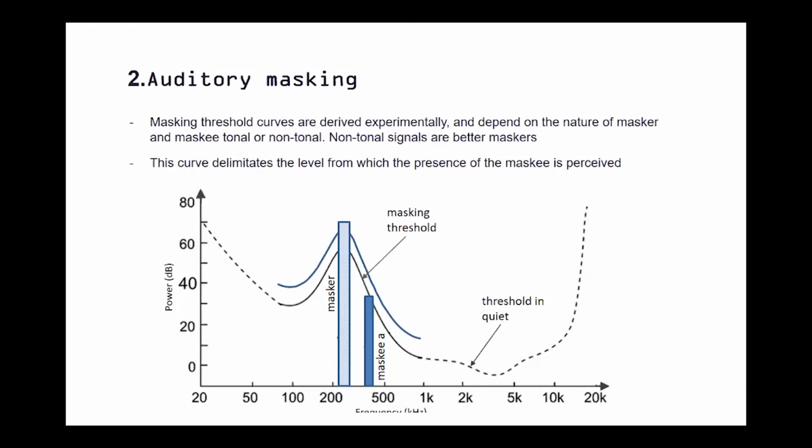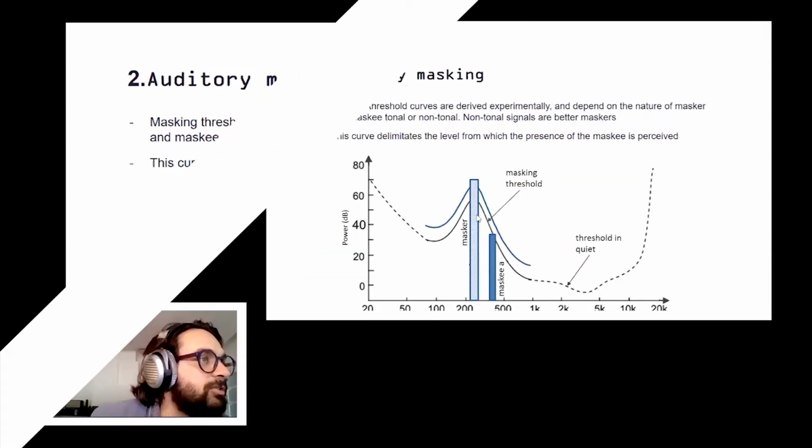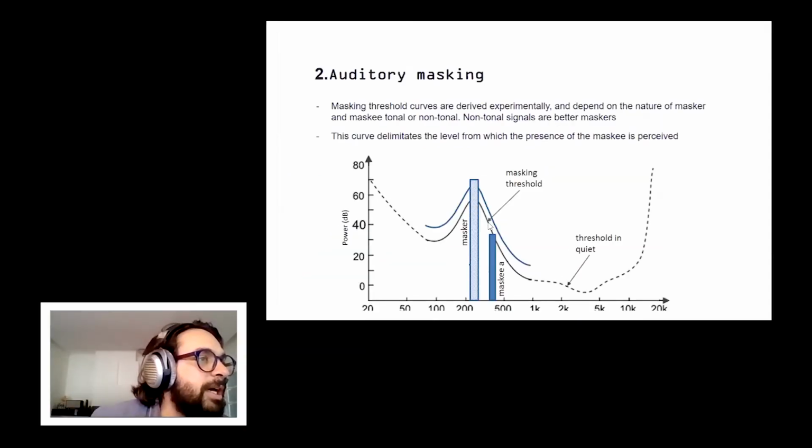And what do we have if we graph these sound events here, with frequency on the horizontal axis and power on the vertical axis? We have a masker sound, and we have a masking threshold that indicates that any sound that happens to be below the masking threshold most probably won't be audible, and any sound above the threshold will be detected.